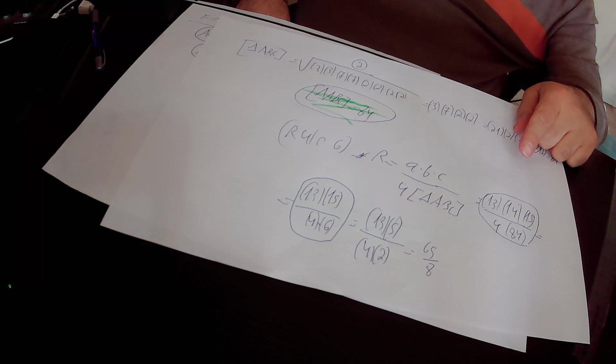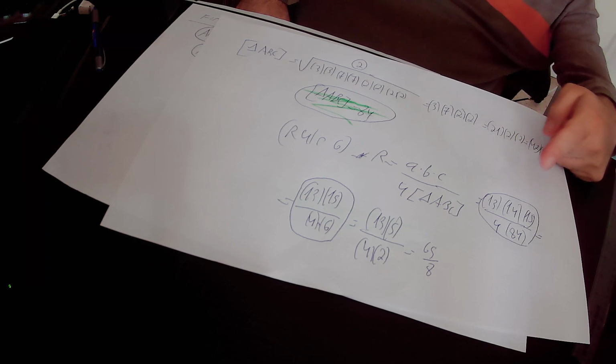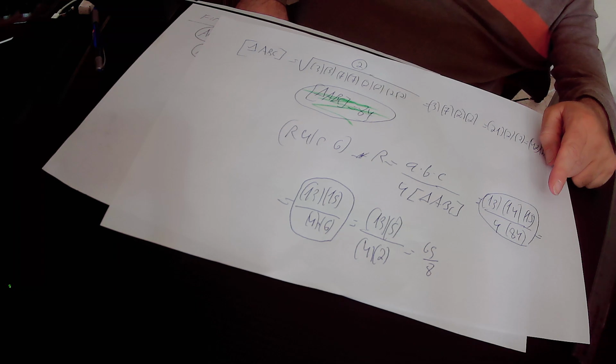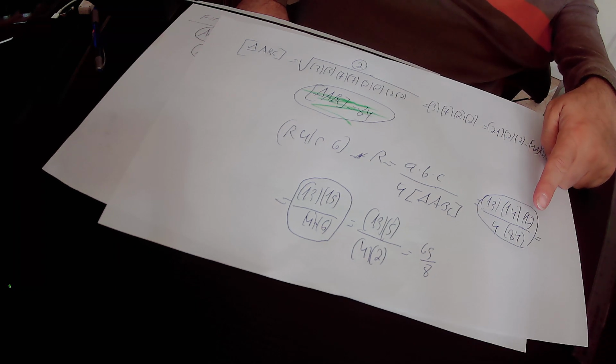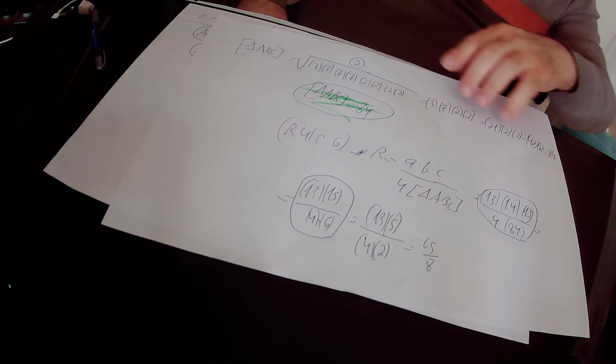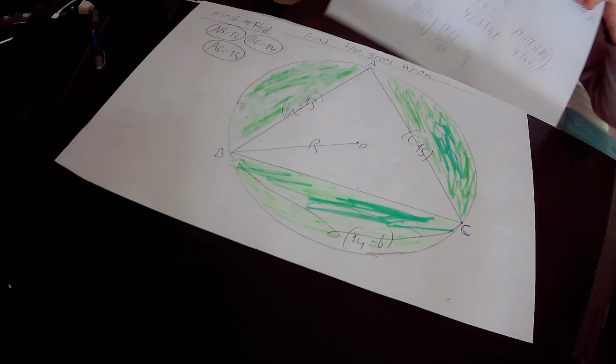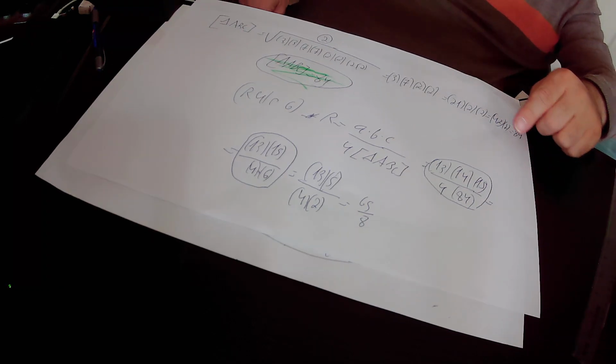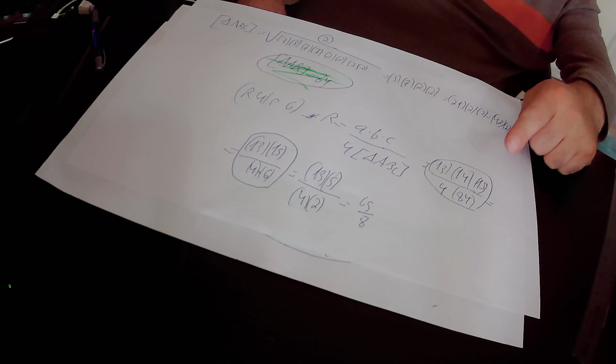So the radius R equals A, that is 13, times B, that is 14, times C, that is 15, over 4 times the area of triangle ABC. We have already found out that the area of this triangle, according to rule number 4, is equal to 84 square units.